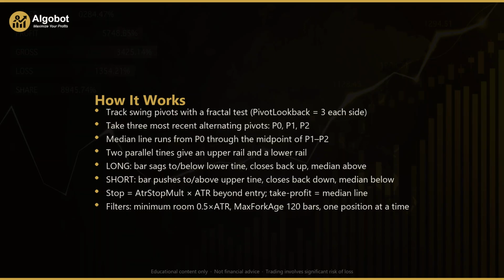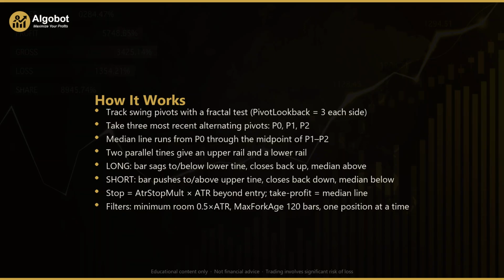When those conditions line up, it places a buy, aiming for the median line as the take profit. The short setup is the mirror image. The strategy signals when a completed bar pushes up to or above the upper tine, and then closes back down versus the prior close, a rejection of the upper rail, with the median line a worthwhile distance below. When that aligns, it places a sell, again targeting the median line.